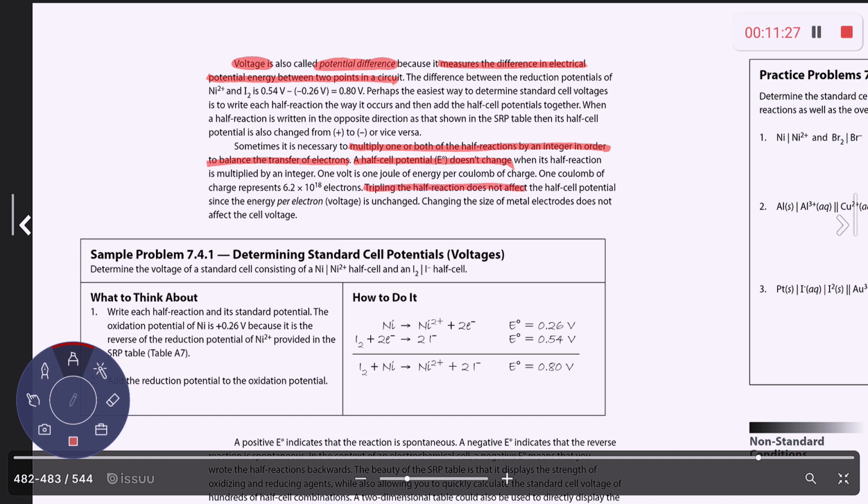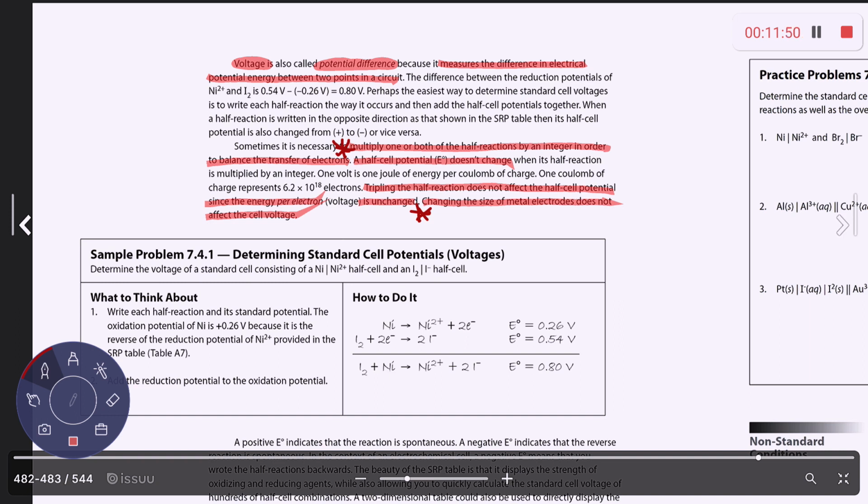Tripling a half reaction does not affect the half cell potential since the energy per electron doesn't change. Changing the size of metal electrodes also does not affect the cell voltage. I have seen questions like this in the multiple choice portion and sometimes the free response portion. Okay, let's take a look underneath the sample problem.